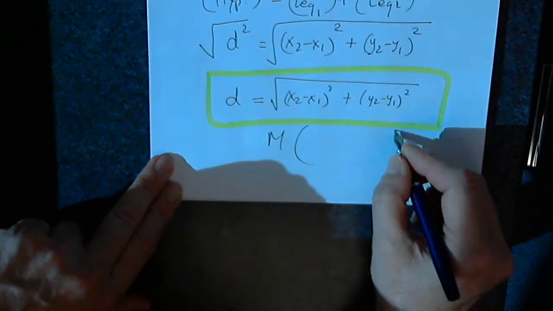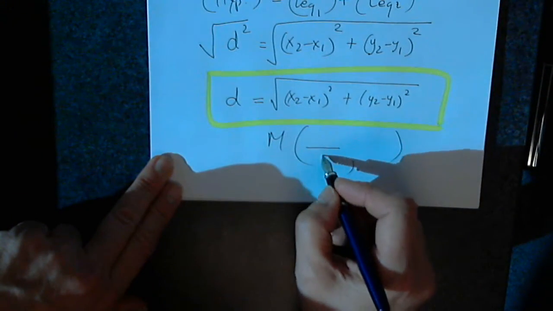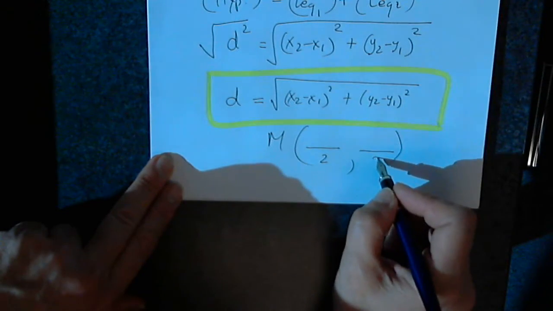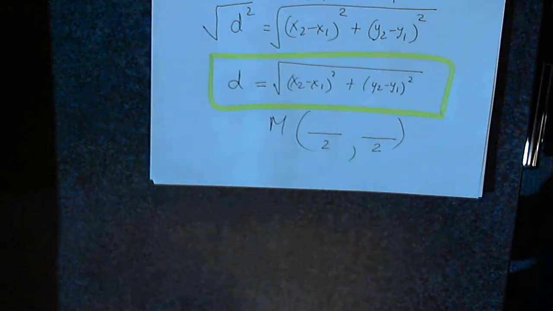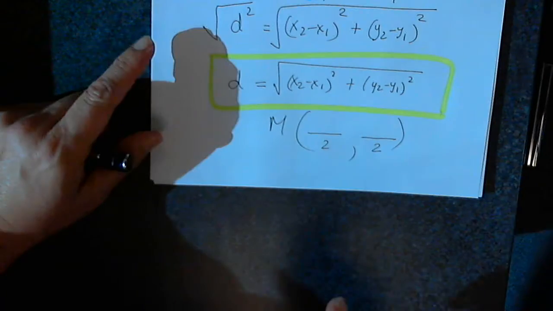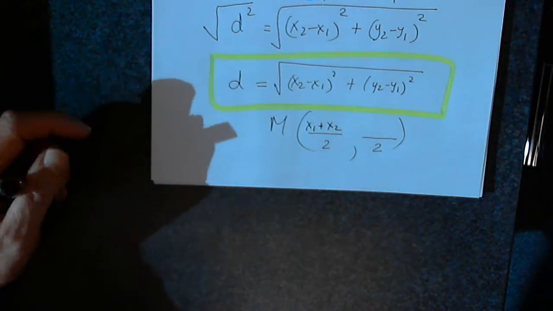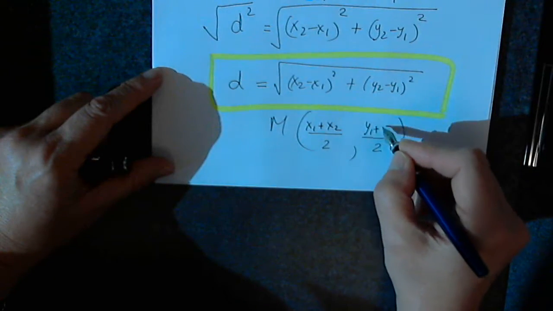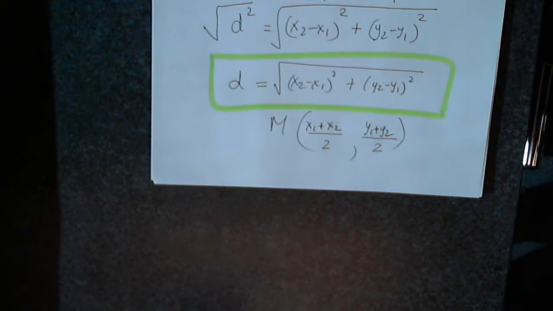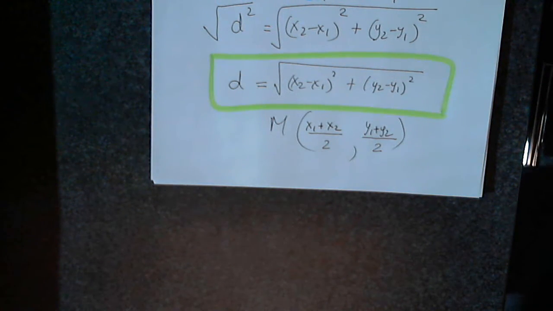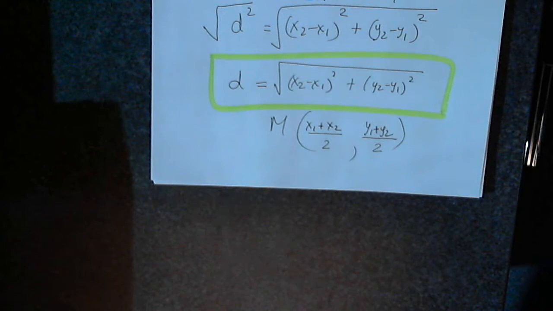Here they are: the sum of x's over 2 and the sum of y's over 2, of A and B. So x1 plus x2 over 2 and y1 plus y2 over 2 will always give us the coordinates of that point that divides the segment into two equal parts.